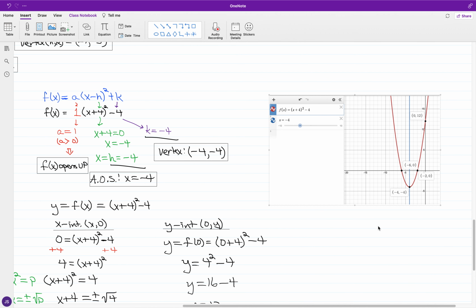Okay, so just looking at the mechanics throughout, f of x opens up, and the axis of symmetry we have at x is equal to -4.